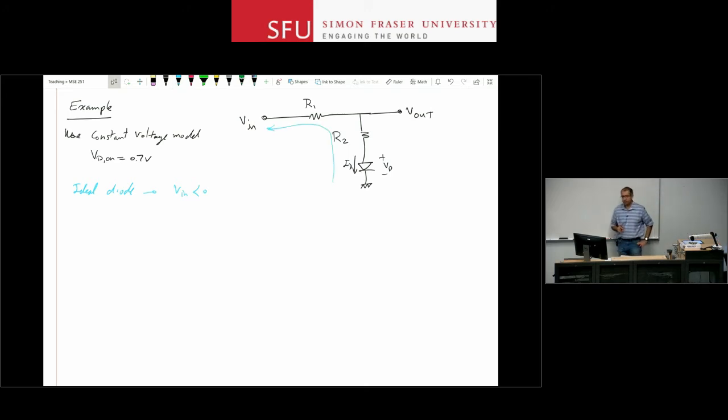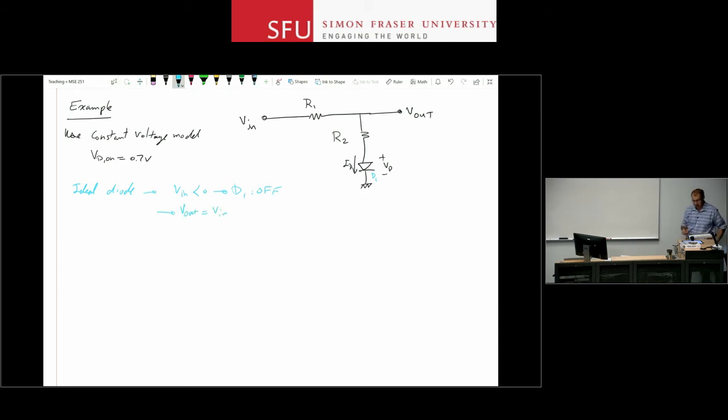And if the diode is on, it's a short circuit, so the current wants to flow that way, but that will be against the flow direction for your diode, so that is not going to happen. Then your diode, let's call it D1, is off. If the diode is off, then you can actually quickly solve the circuit: take the diode out of that circuit, open circuit, there's no current through the resistors. You can easily show V out is equal to V in, right?